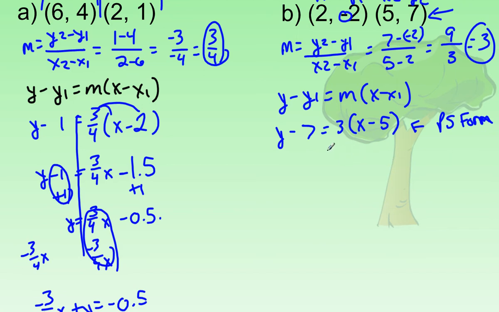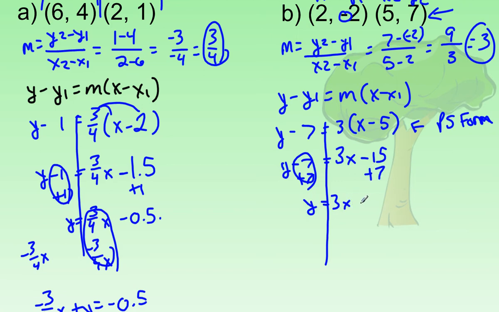Now we change it to slope-intercept, so we're going to distribute and get the y variable by itself. So pretty the side up, 3x minus 15. Add 7 to both sides. y equals 3x minus 8.